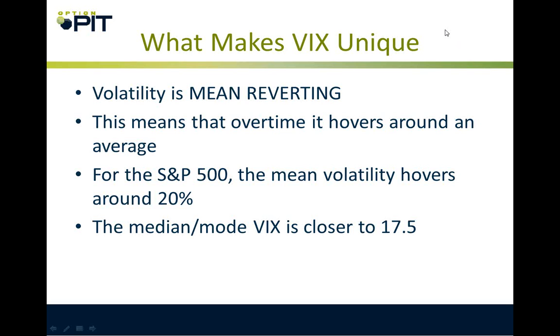So I really like looking at the mode, what trades the most. If you do a histogram of occurrences, think of 17.5 as really your average VIX price, not 20. So if we're below 17.5, VIX is somewhat low.